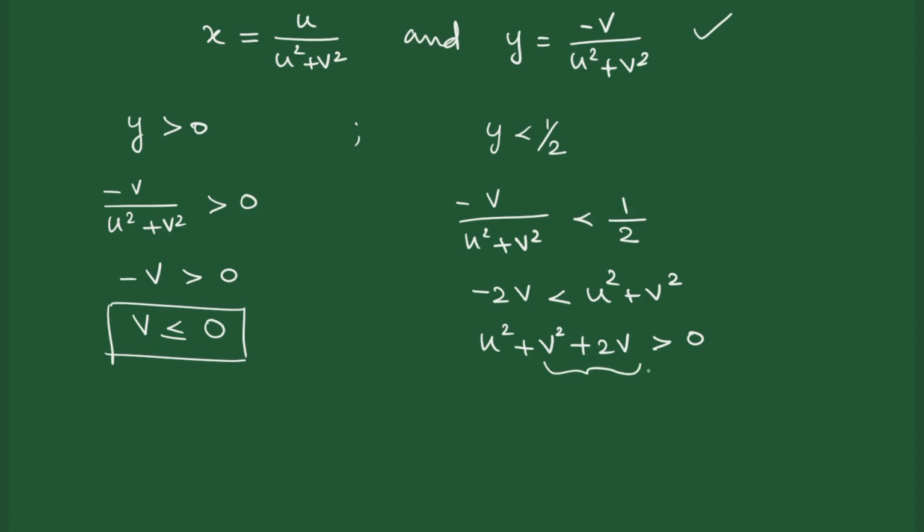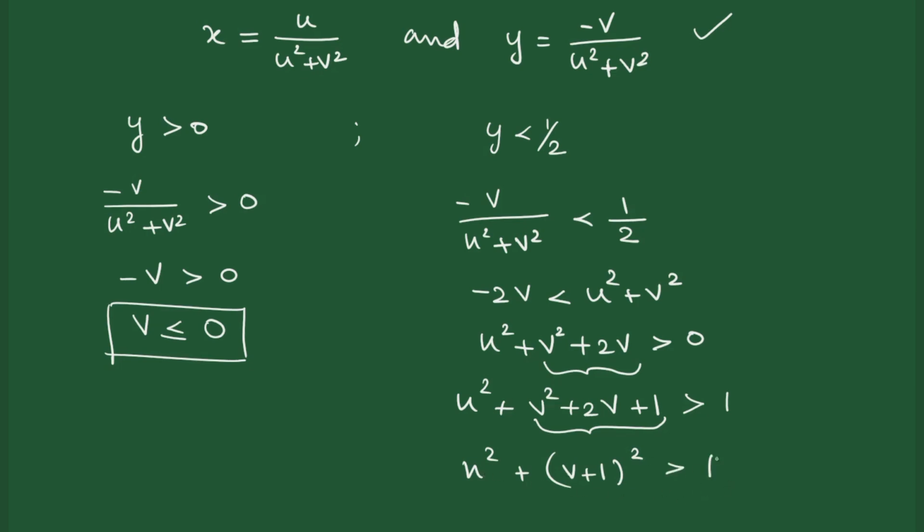Now to make this term a perfect square, we have to add and subtract a certain value. So here, to make it a perfect square, we can add plus 1 and minus 1, so that u square plus v square plus 2v plus 1 and minus 1. That minus 1 can be taken to the right side again as plus 1, or otherwise we can add plus 1 on both sides. So now this can be written as a perfect square as v plus 1 the whole square greater than 1.